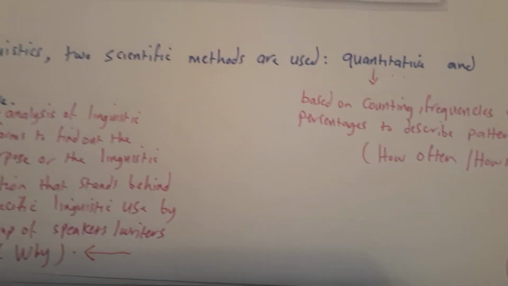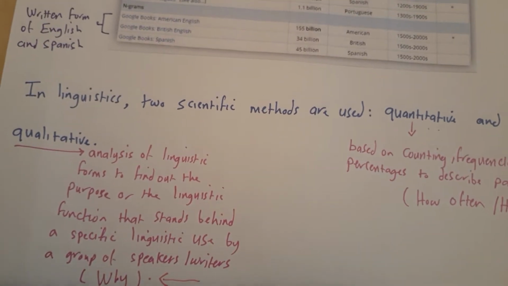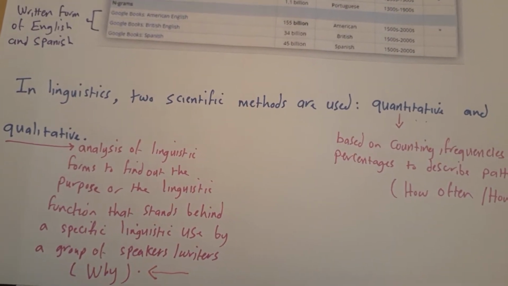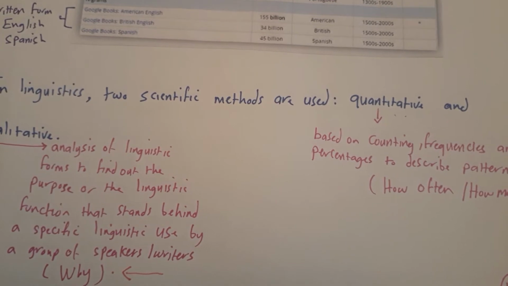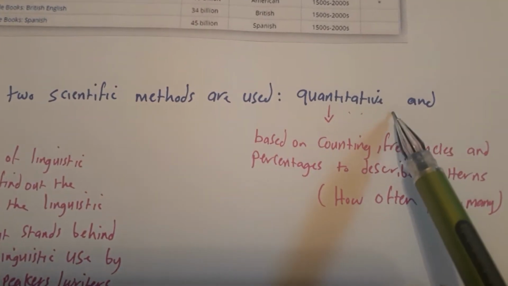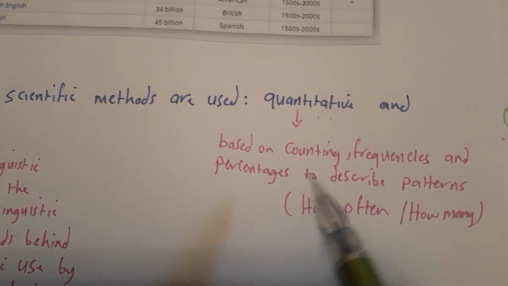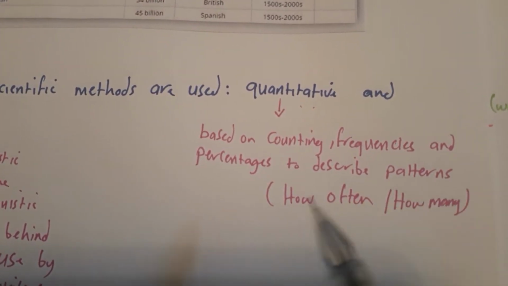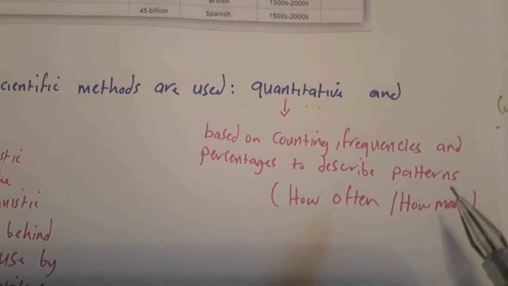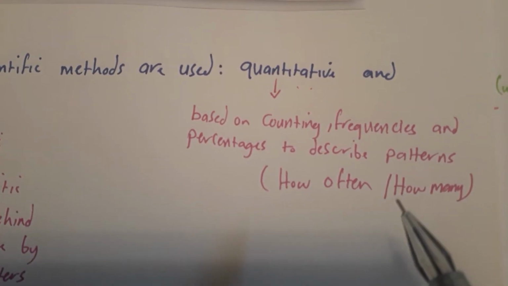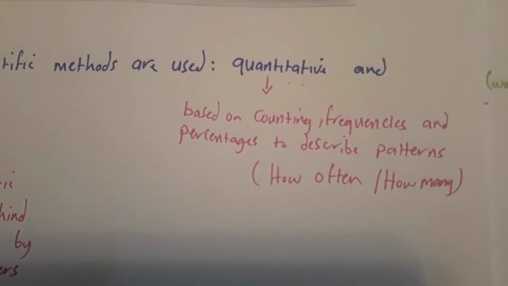Again, this is important. In linguistics, we have two methods used for linguistic analysis: quantitative and qualitative. Quantitative is based on counting frequencies and percentages to describe patterns. You have to tell me how often or how many times a linguistic pattern occurs.